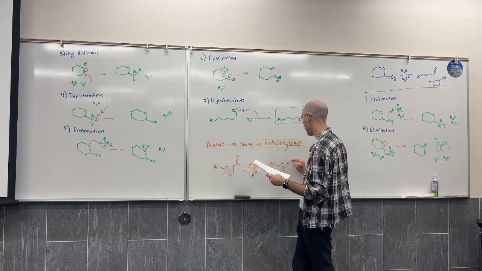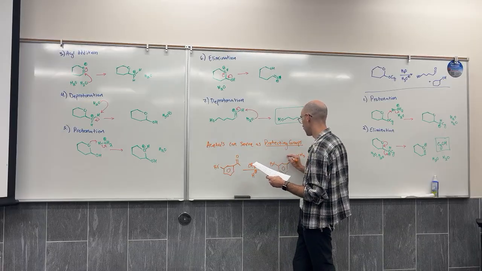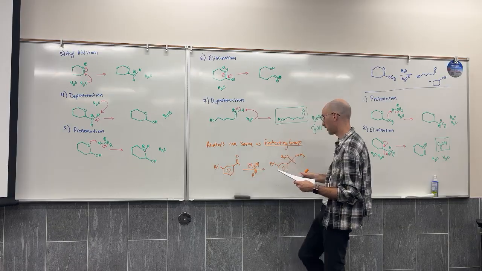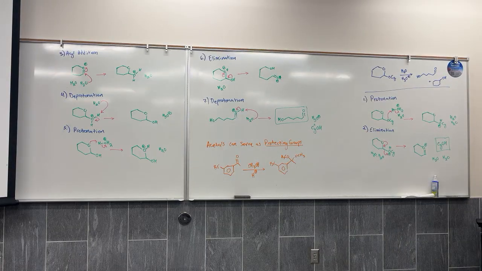Remember, that's a weak nucleophile, so it is not going to be substituting the aromatic ring. The H+ even gives us an indicator that it will be an acetal formation step. Ketone gets turned into an acetal.